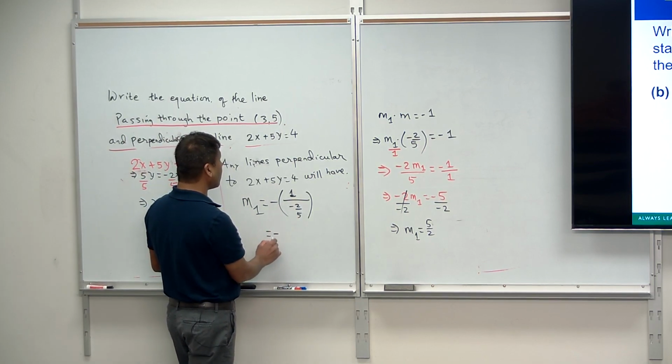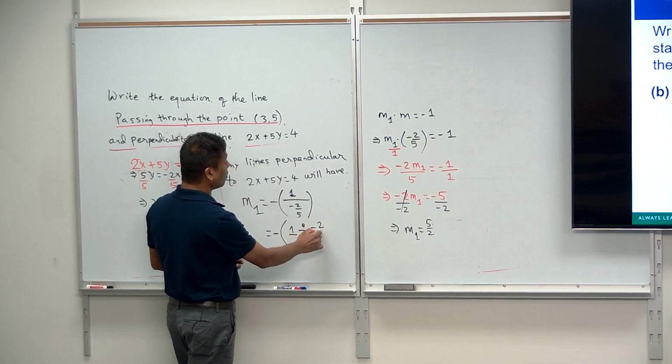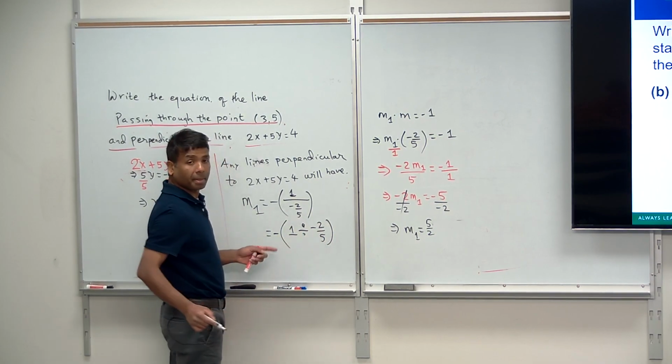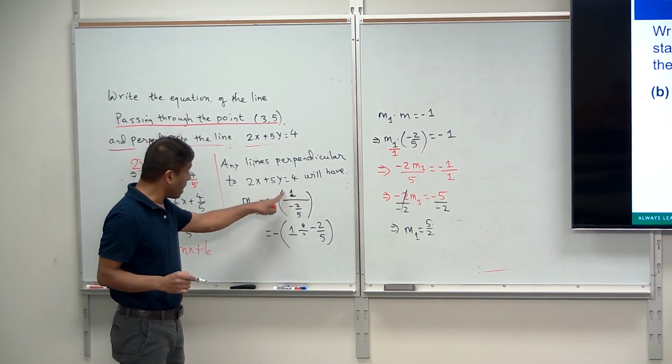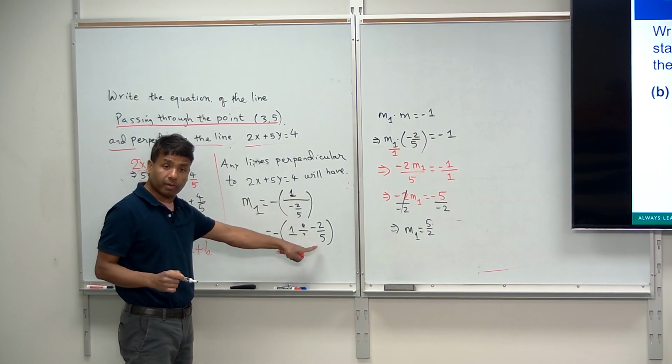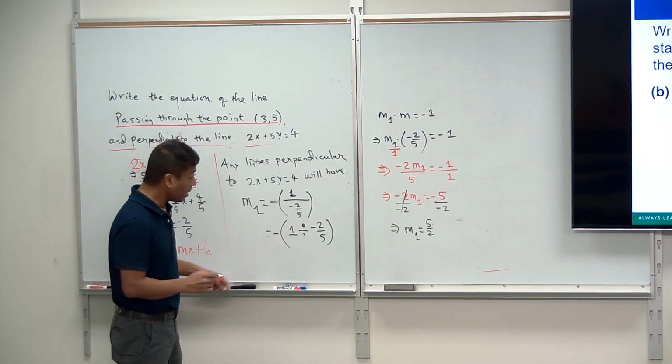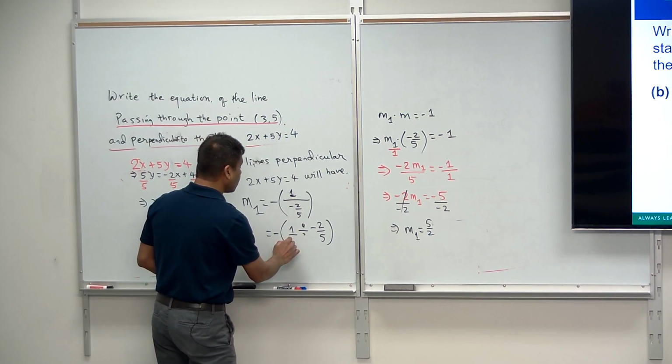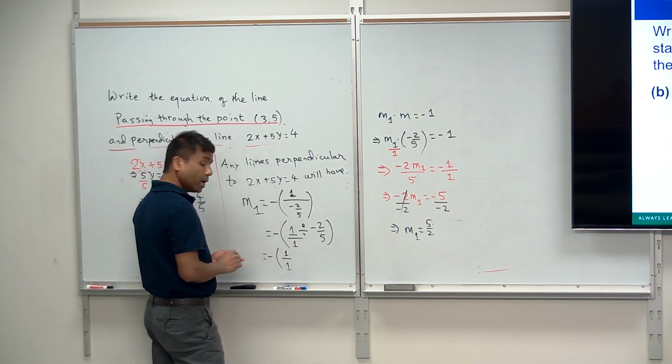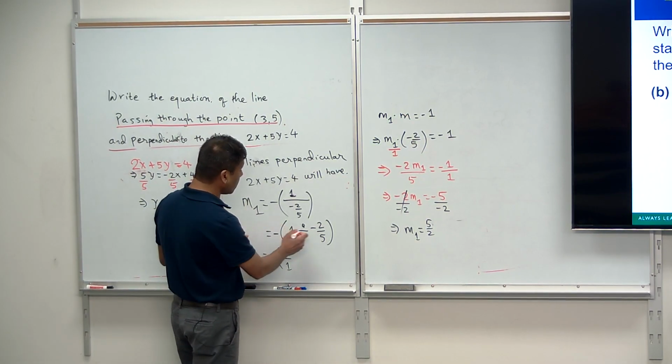So this is 1 divided by negative 2/5. Did you guys see that? This is 1 divided by negative 2/5, right? And this 1 hides the 1 in the denominator. When you switch division into multiplication, what will happen, guys?